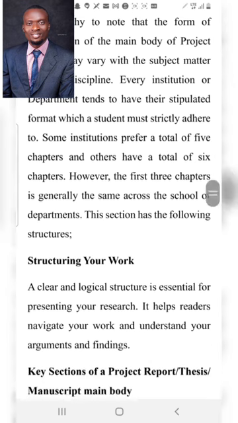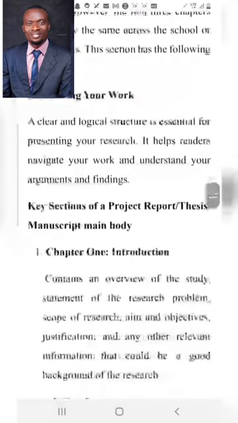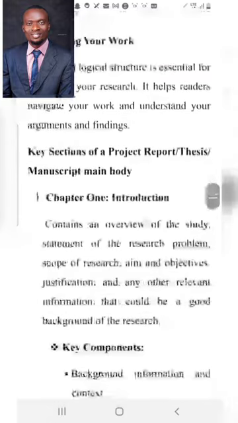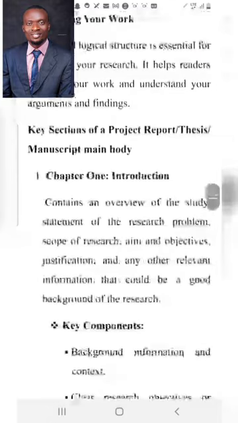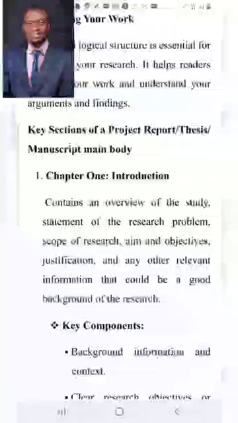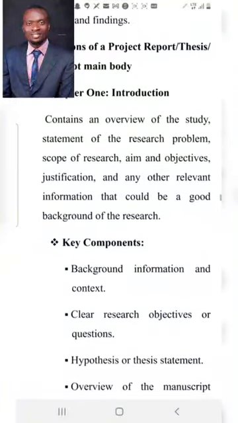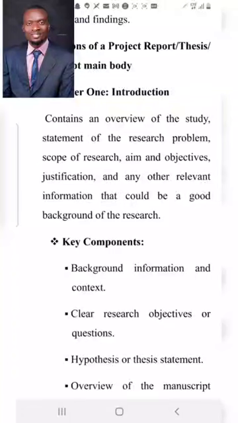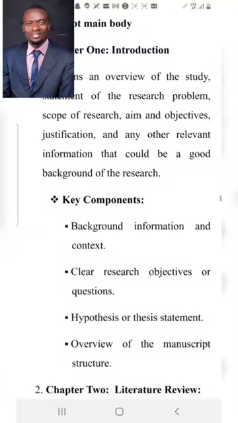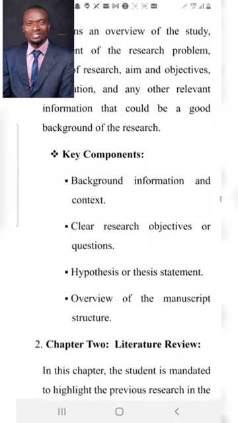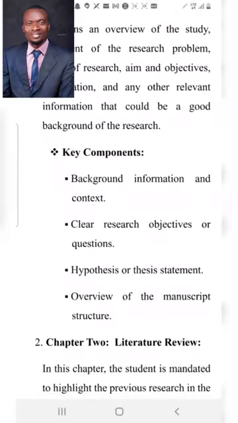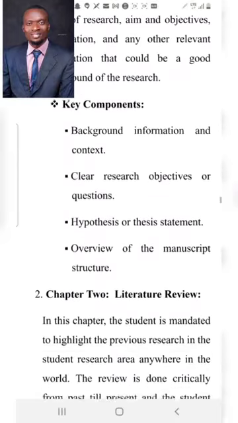So this section has its structure like this. Chapter 1 is usually the introduction chapter, and it contains the overview of the study, the statement of the research problem, the scope of research, the aim and objectives, justification, and other relevant information that could be a good background to the research.